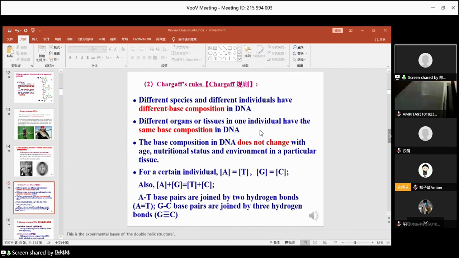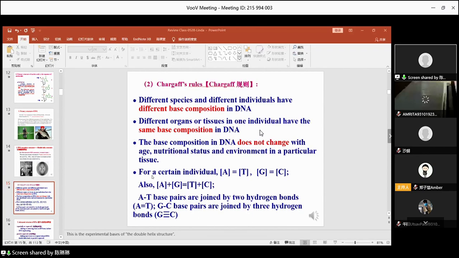The first is that different species and different individuals have different base composition in DNA. And the second is that different organs or tissues in one individual have the same base composition in DNA. And the third one is that the base composition in DNA does not change with age, nutritional status, and environment in a particular tissue.